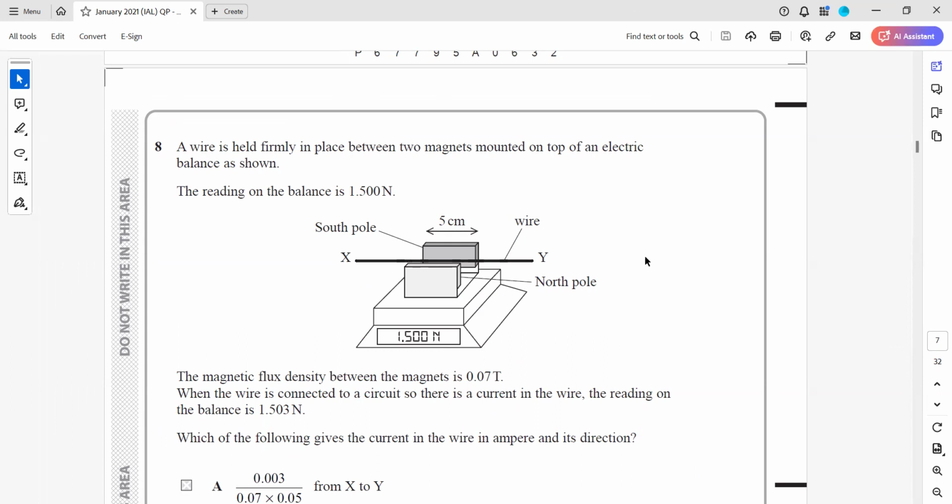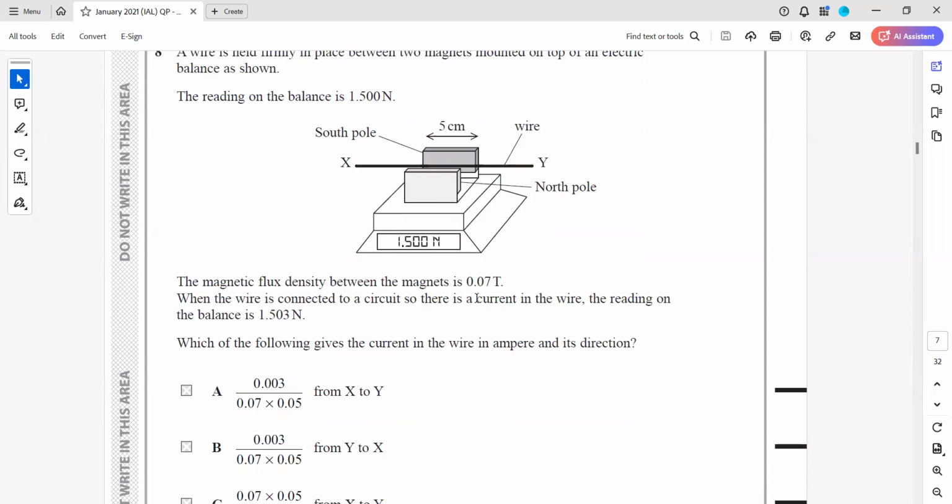If the reading on the balance is increasing, it means the force will be upward on the wire. And if the reading on the balance is decreasing, the force on the balance is downward, so the force on the wire is upward. Because action and reaction forces are equal but opposite in direction.